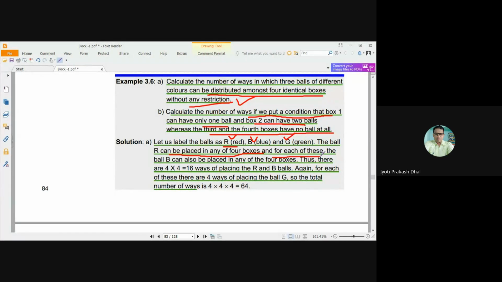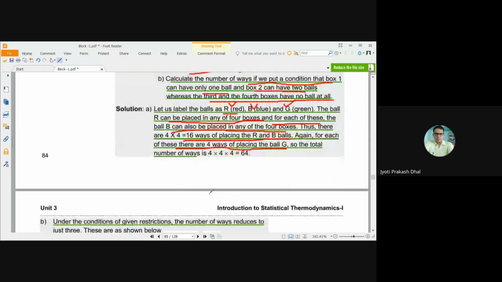For each of these, the ball B can also be placed in any of the four boxes. Thus, there are 4 into 4, that is 16 ways of placing the R and B balls. And again, for each of these, there are 4 ways of placing the ball G. So the total number of ways equals 4 into 4 into 4, that is 64.